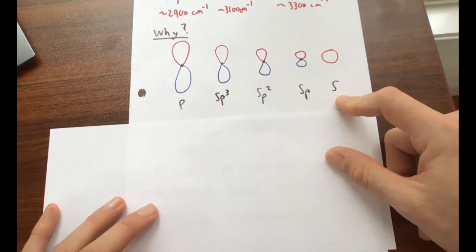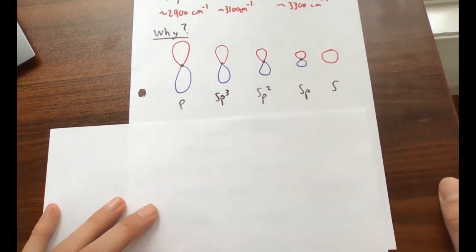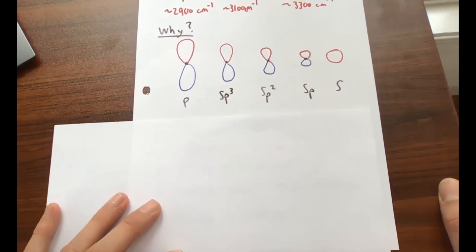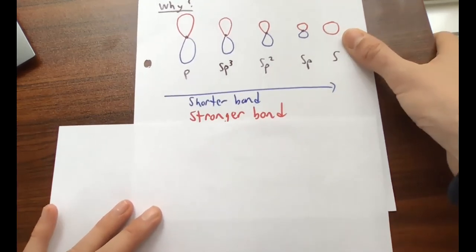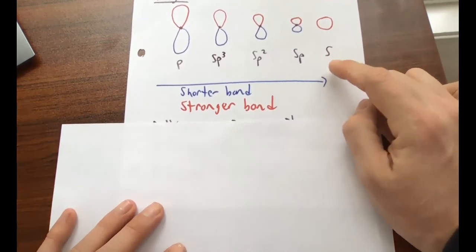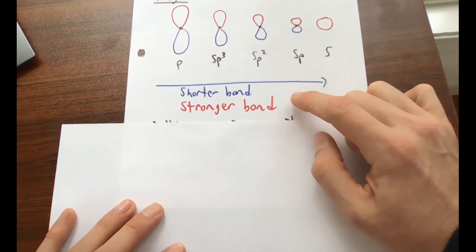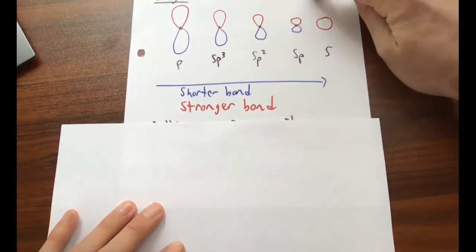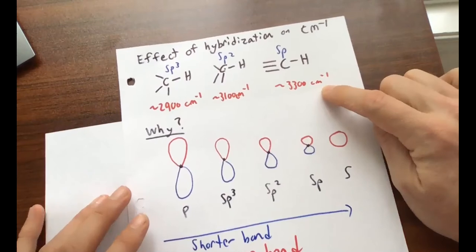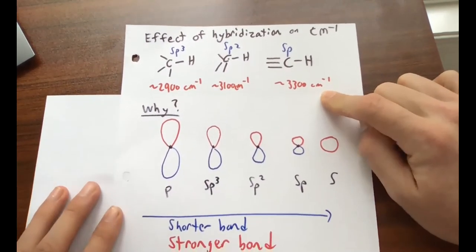And just like the spring analogy we were looking at earlier, the closer you are to the nucleus means that the force constant is going to be much higher because the bonds will be stronger. So as you get closer to s, more s character, you have a shorter bond, which means you have a stronger bond, which means you will have higher frequency in the characteristic stretch number.